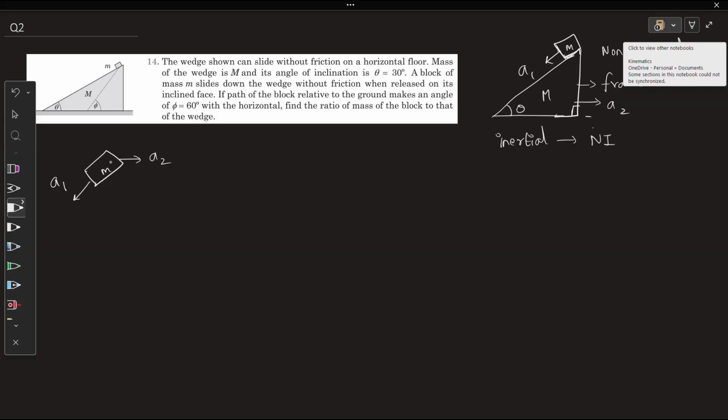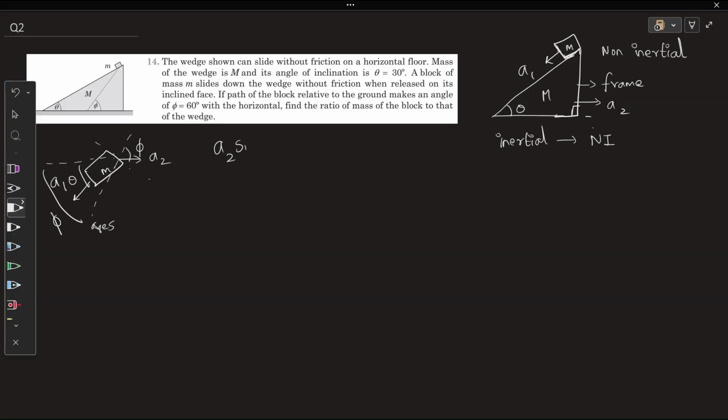So we are getting A2, and the resultant is along this direction, which is a resultant. This is theta, and the whole thing is phi. Now the acceleration is only along this direction, the resultant direction. So this is psi. So there is no acceleration in the direction perpendicular to the resultant.